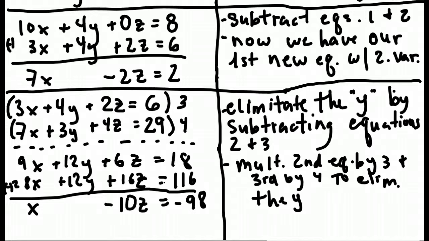Okay, I have to switch whiteboards because I'm running out of room. I have to write that down. 7x minus 2z equals 2, and negative 19x minus 10z equals negative 98. Okay, just a second. I'm going to get a new whiteboard.